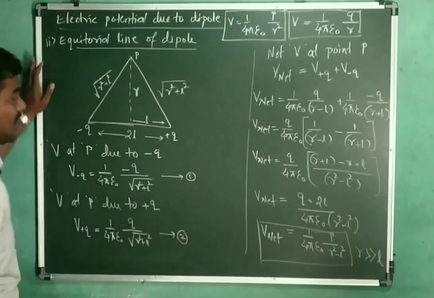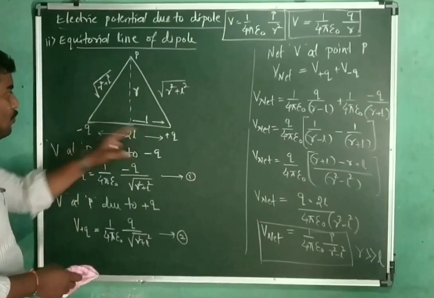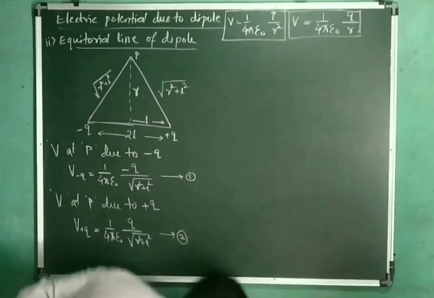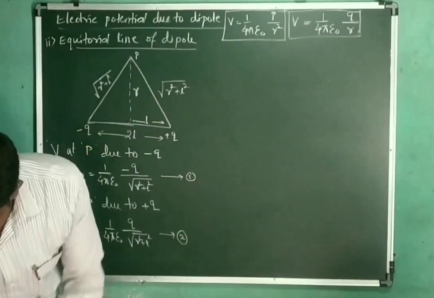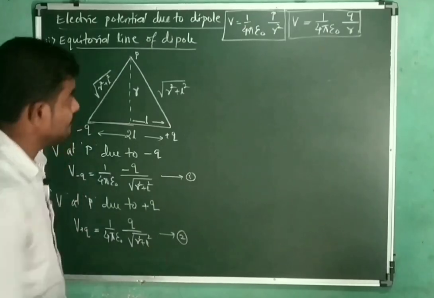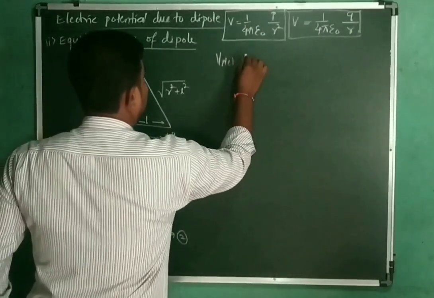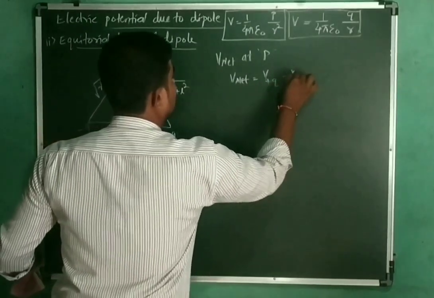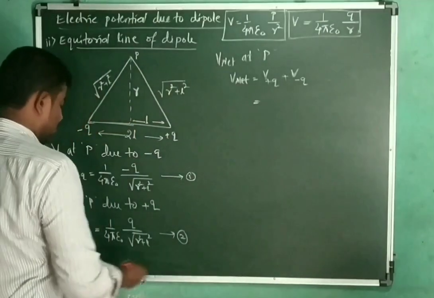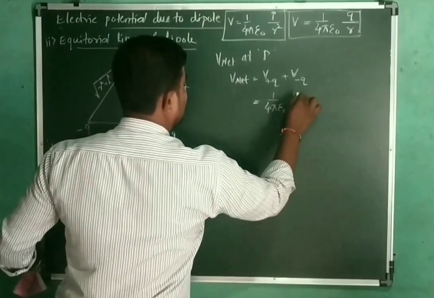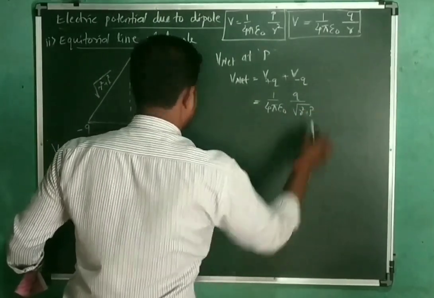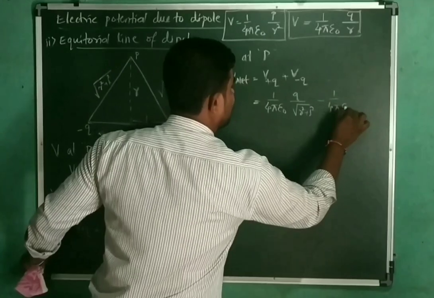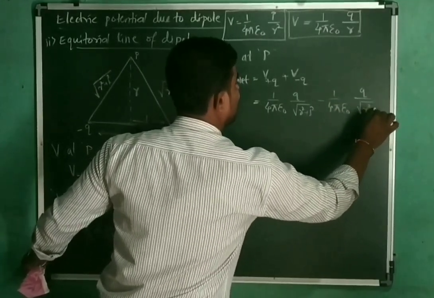This is 2. Now total electric potential due to dipole, that is V net at P. V net is equal to V due to plus q plus V due to minus q, and V due to plus q is 1 divided by 4 pi epsilon naught q divided by under root r square plus l square, and V due to minus q, since minus is there, therefore plus into minus is minus 1 divided by 4 pi epsilon naught q divided by under root r square plus l square.